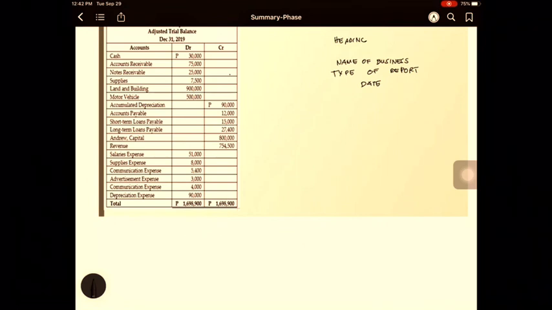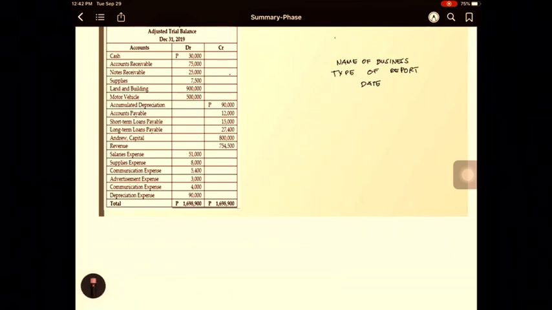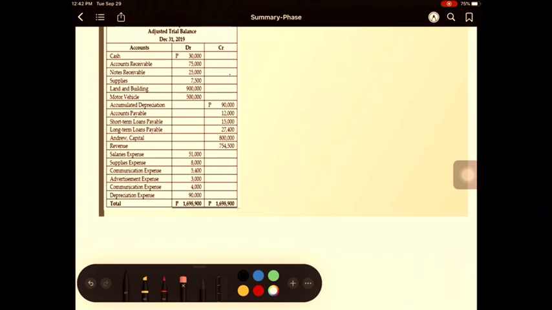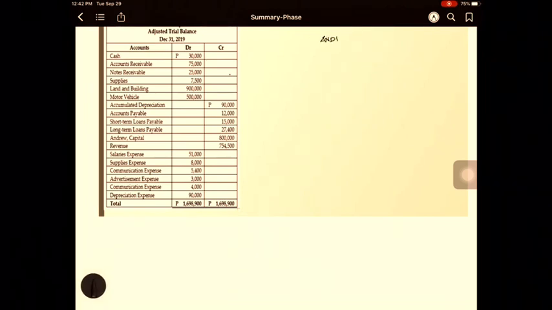So let's prepare now the income statement for Andrew Repairs. Following the rules on how to write a heading, we start by writing the name of the business here. We have Andrew Repairs.